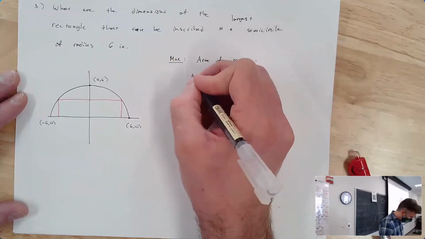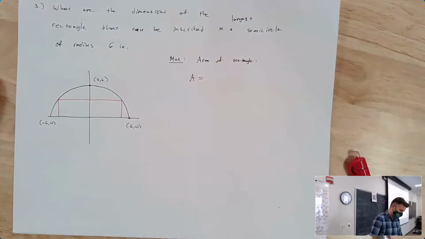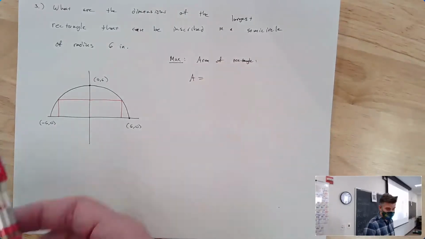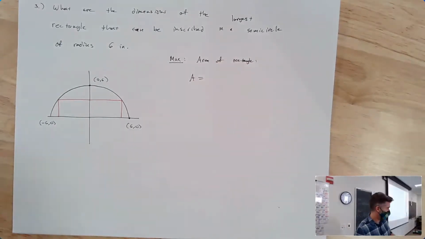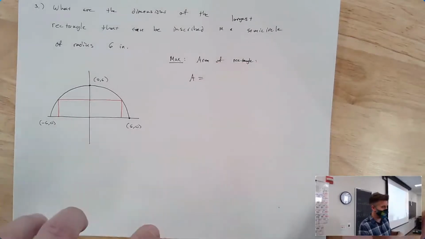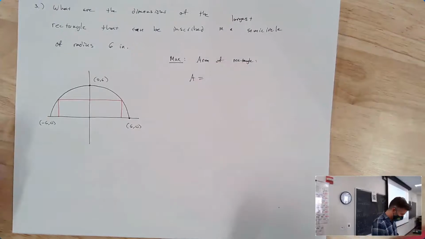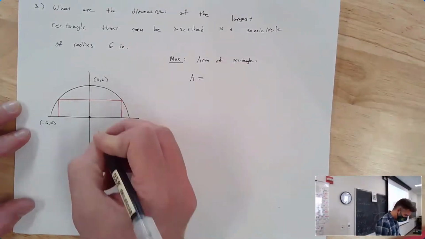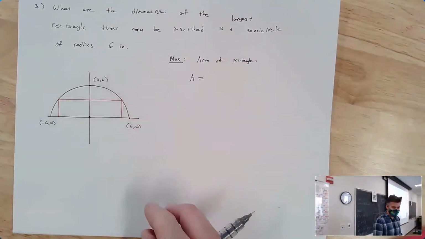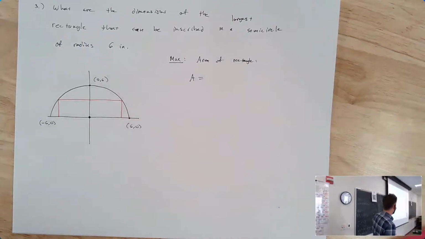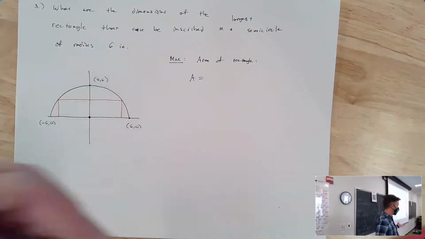So typically if you're dealing with a circle or a semicircle, it usually makes good sense to draw on the coordinate system where the center of your circle or semicircle is at the origin. Normally the area is base times height.